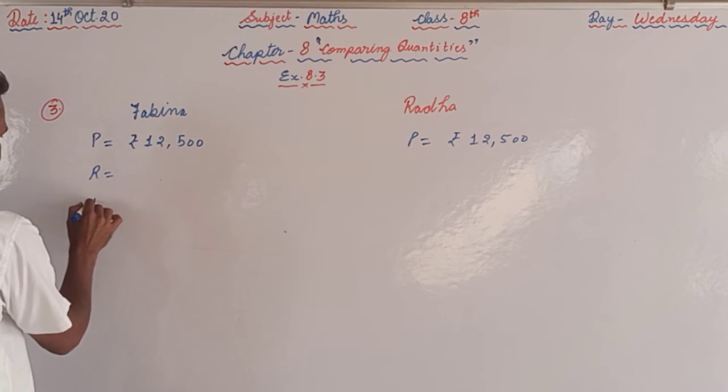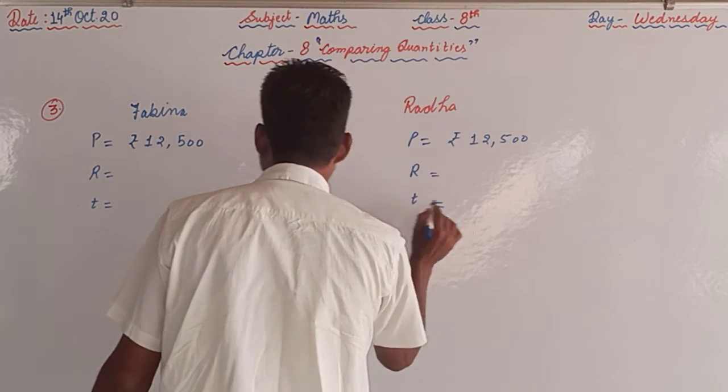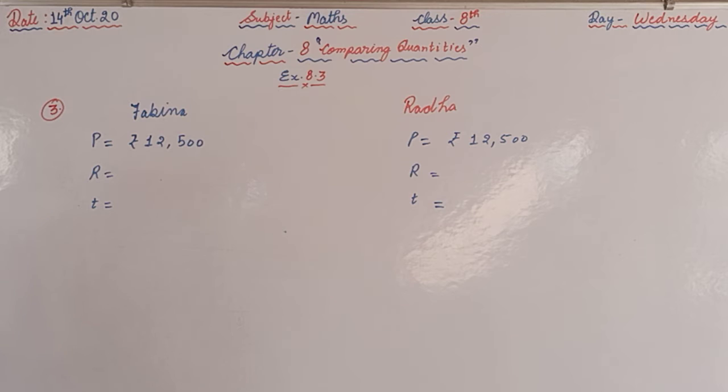The rate and time we are supposed to write, and the rate is 12% for Fabina and 10% for Radha.